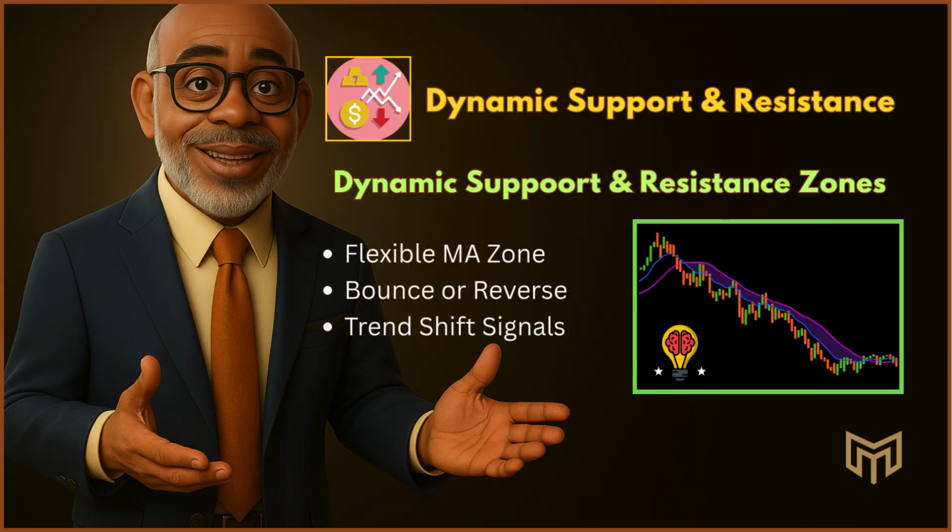This zone acts as a flexible area where price may bounce, pause, or reverse direction. If price pulls back into the zone and reacts positively, it can signal a potential entry in the direction of the trend. However, a strong break above or below the zone may suggest that momentum is weakening and a possible trend shift is developing. Traders often watch how price behaves inside the zone before deciding their next move.